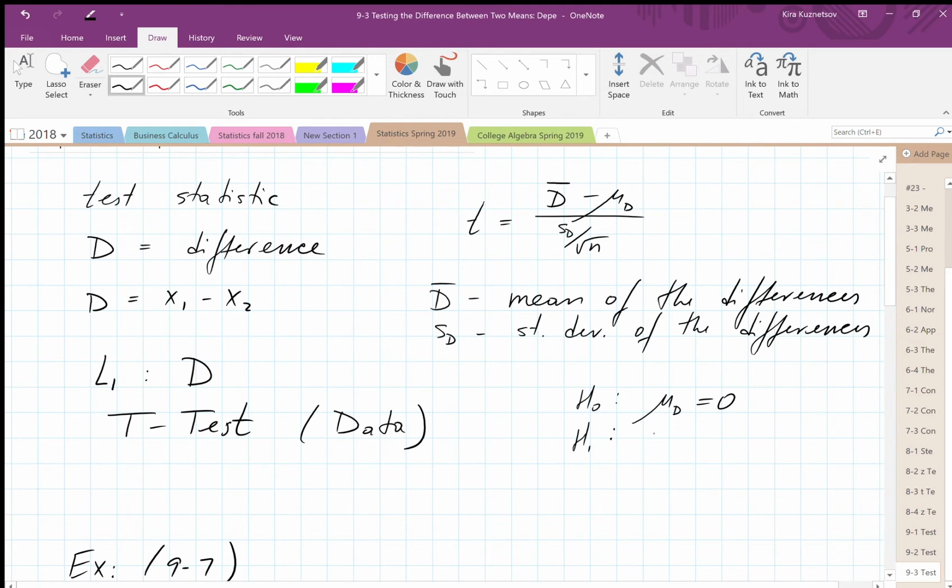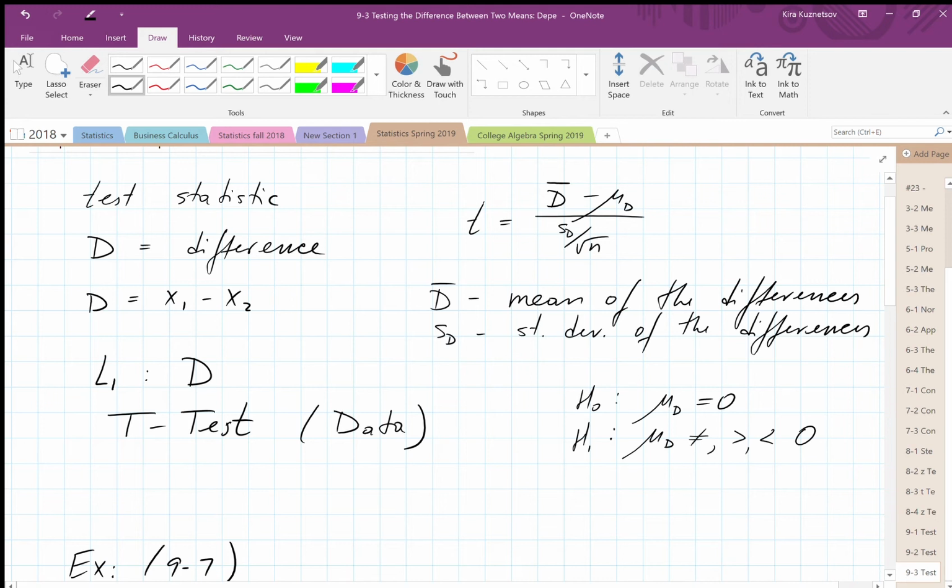The alternative hypothesis, we will still label as mu sub d because it is not the mean of either one of the samples. It's the mean, or in this case, hypothesized mean of the differences. And it's going to be either not equal to, less than, or greater than that same 0.